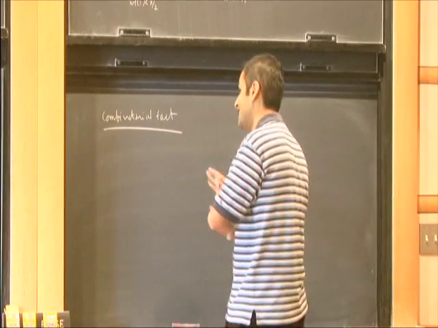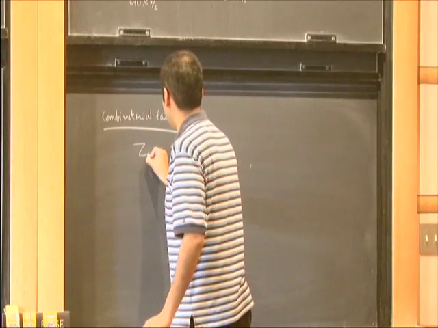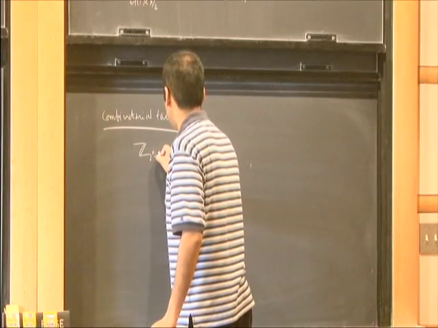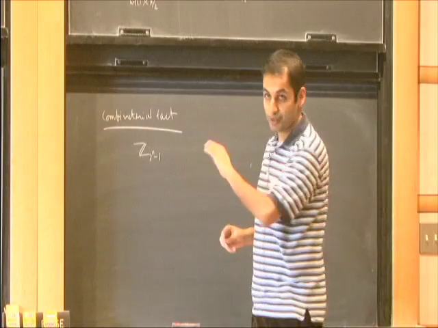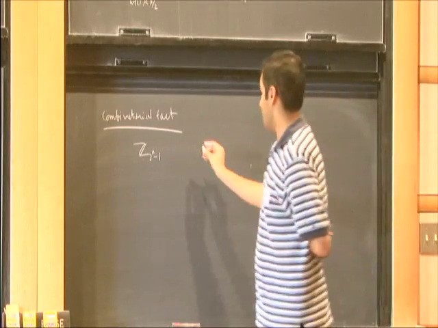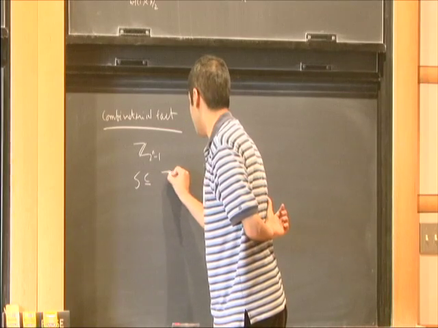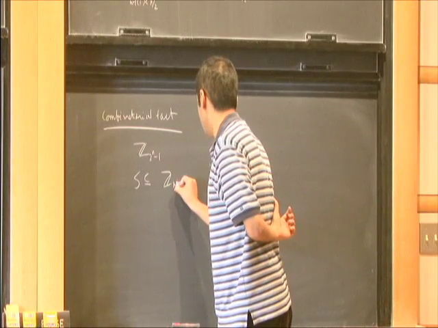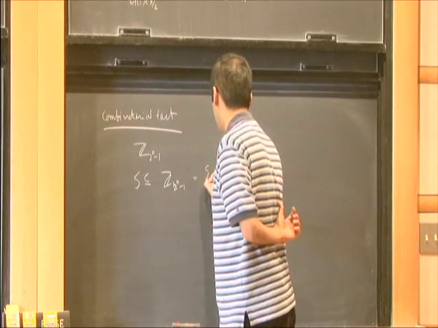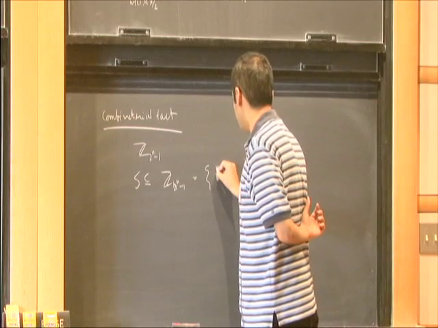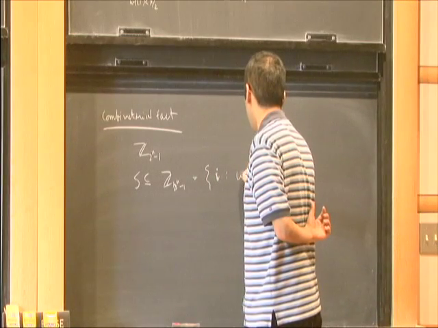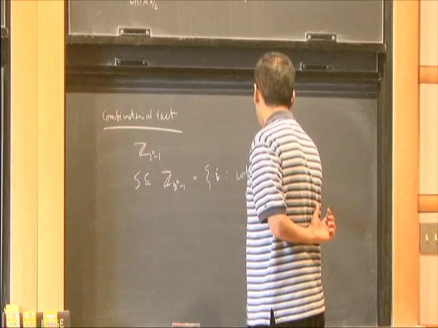So we're changing lands completely. Let's go to Z_(2 to the n minus 1). This is integers mod 2 to the n minus 1. Okay. And let S sitting inside Z_(2 to the n minus 1) be the set of all integers i such that the weight of i is at most n over 2.